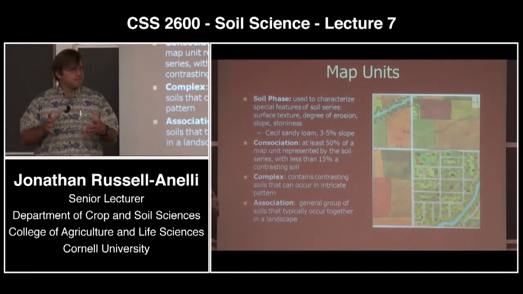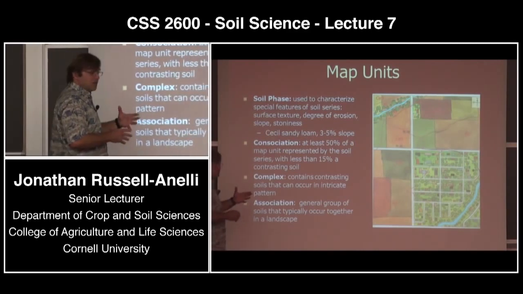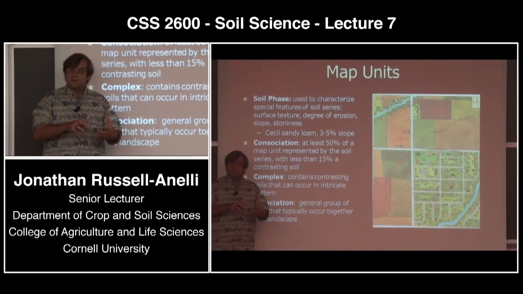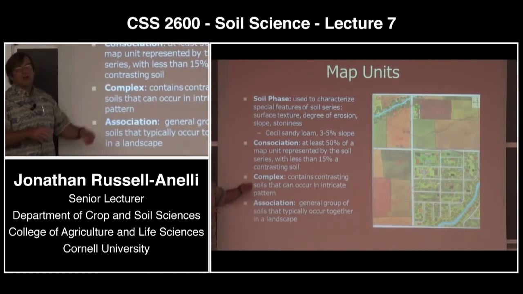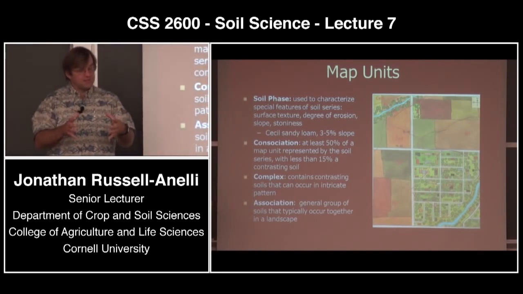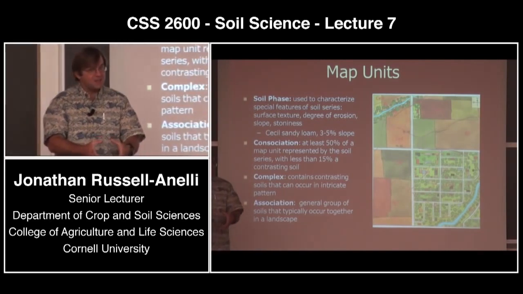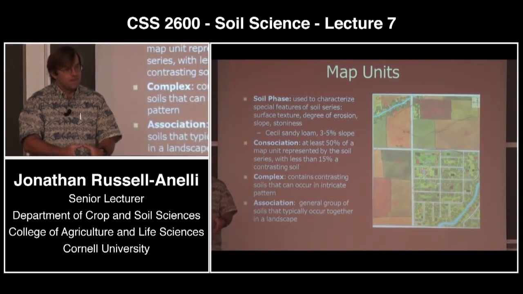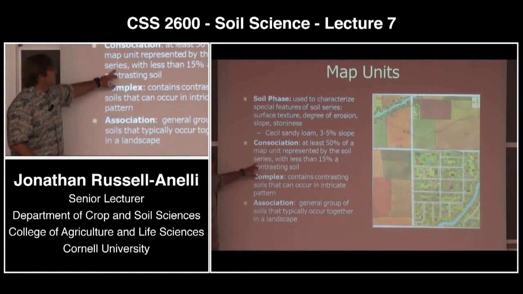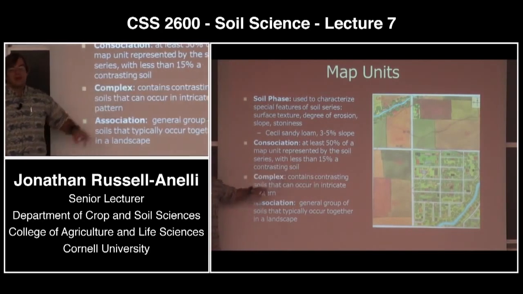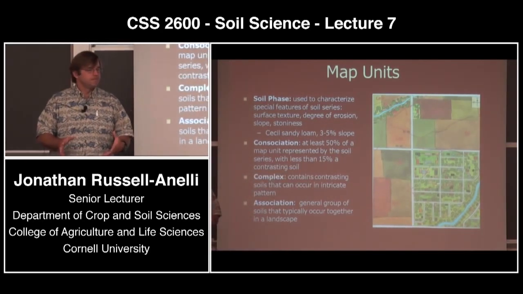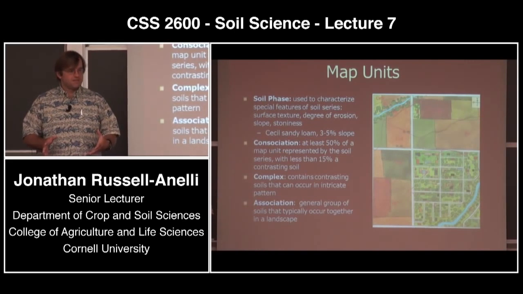Yet we still want to have some understanding of what's going on in that area. That's what we would call a consociation. I have 50% of this map unit is exactly what I say it is, but I know that there is less than 15% of some sort of contrasting soil that is not going to interpret the same way. Does that make sense?